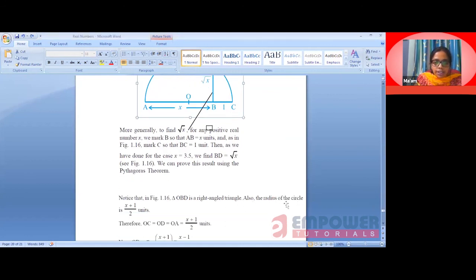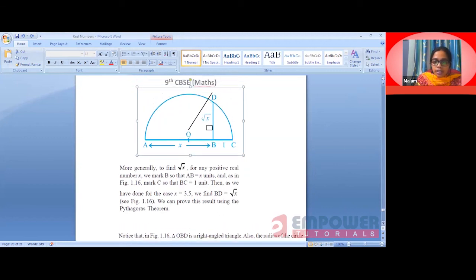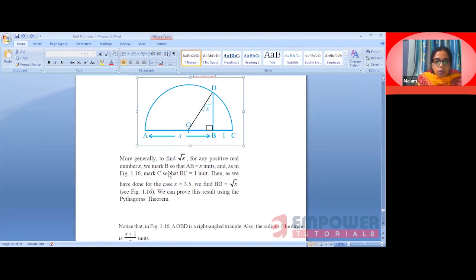Now what next? Also the radius of the circle is x plus 1 by 2. Why x plus 1 by 2? If you consider this figure, OA is a radius of the circle, OC is a radius, and OD is a radius, right? This AB represents x and we have one unit over here. So AC is your diameter, right? AC is equal to x plus 1.